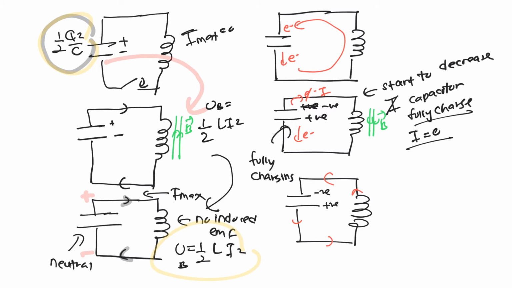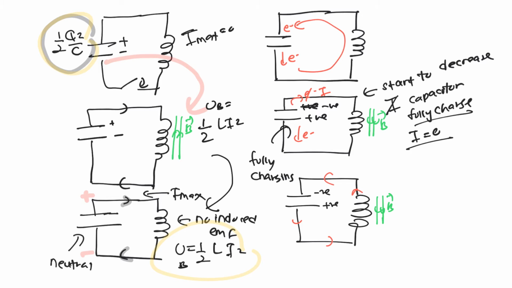The reason this happened is because of the change of polarity of the capacitor. Once the capacitor starts to discharge, the current inside the circuit will increase, so the direction of induced EMF will be in this direction.